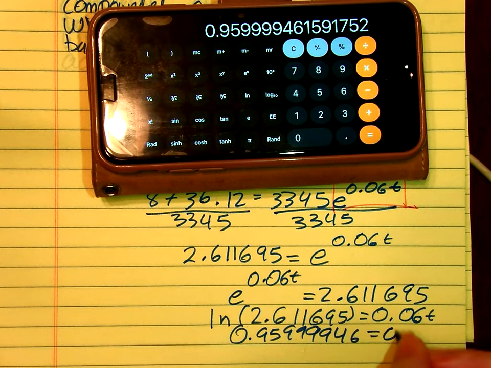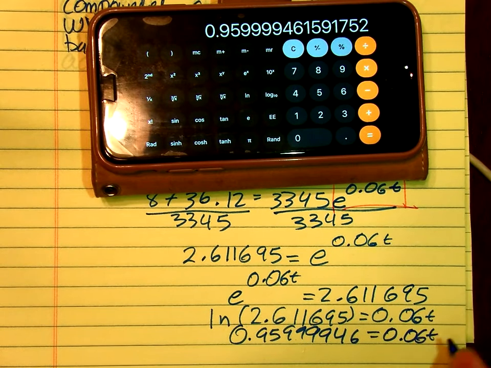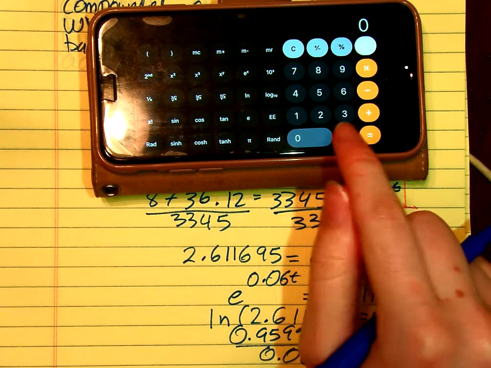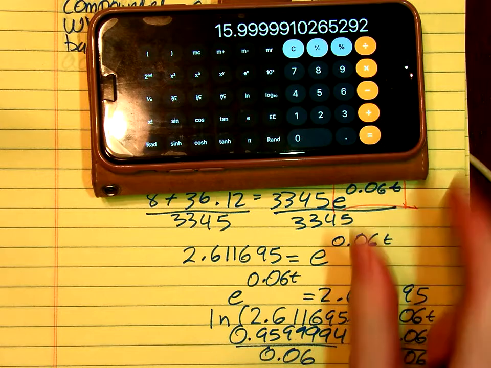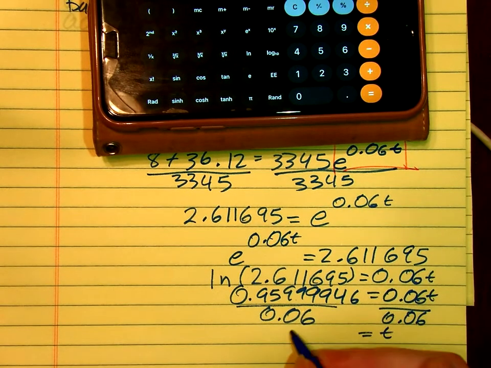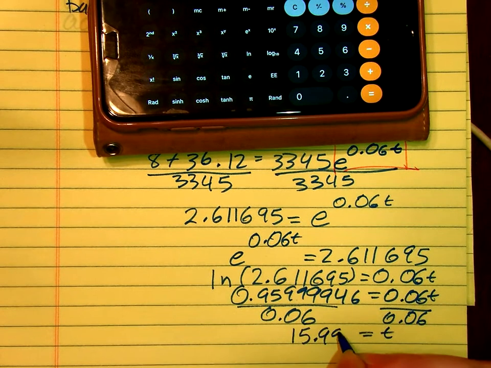That's good enough, equals 0.06t. Divide by 0.06 to get t by itself. And I get t is 15.99999 blah blah blah going on to infinity.